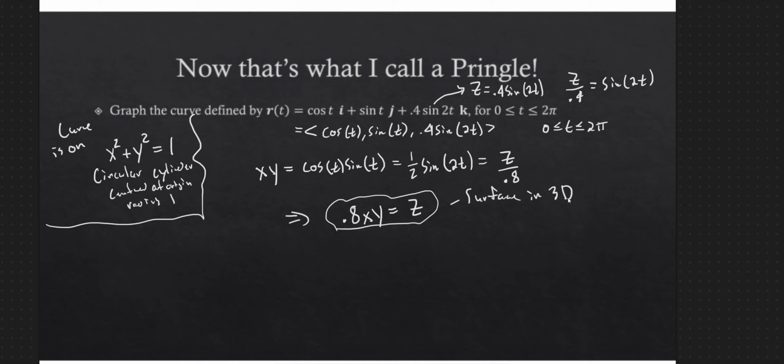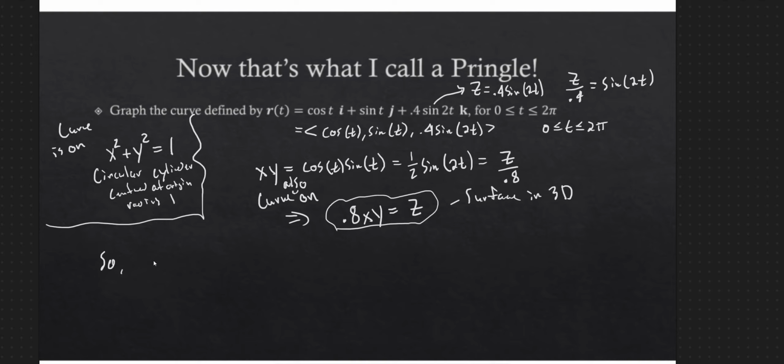in 3D. So on one hand, it's on this surface, the circular cylinder. On the other hand, it's also on this surface. So what that means is my curve is going to rely on the intersection of these two surfaces. So the curve is also on this.